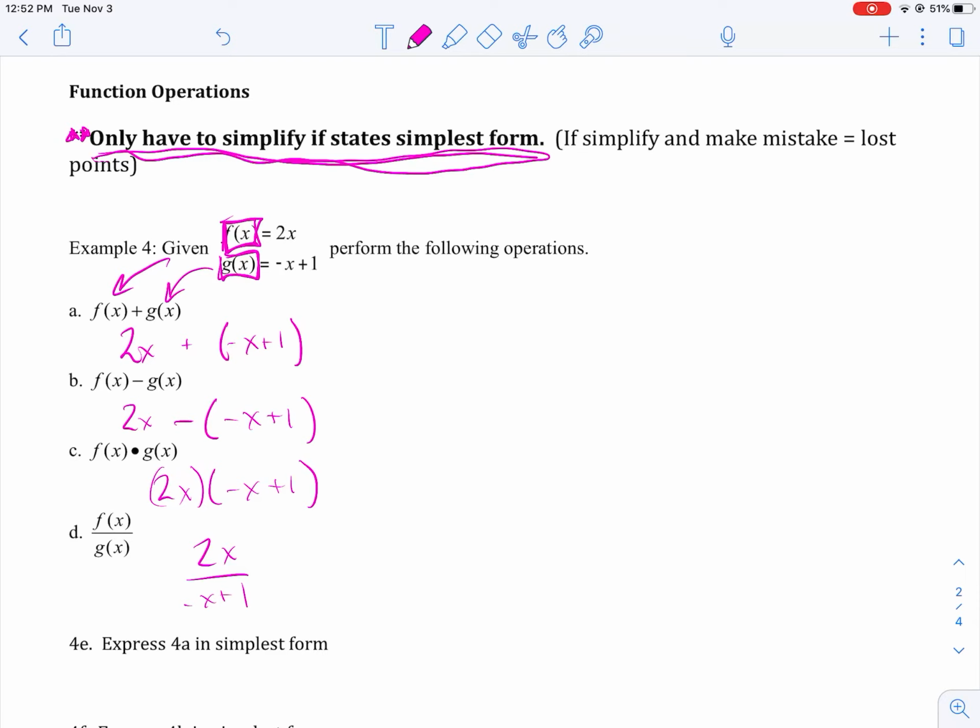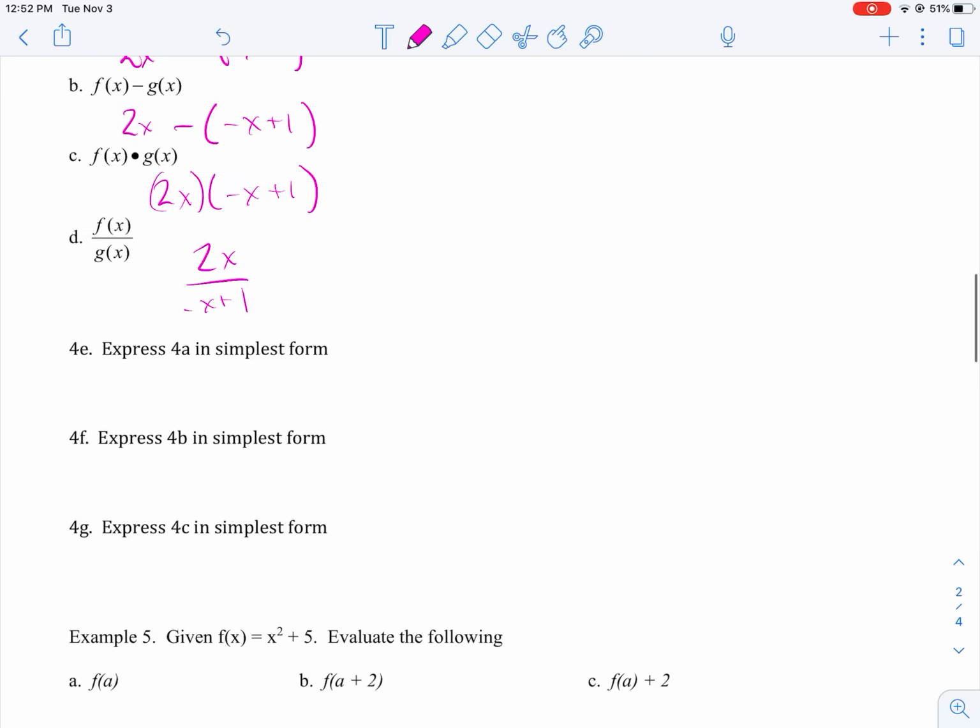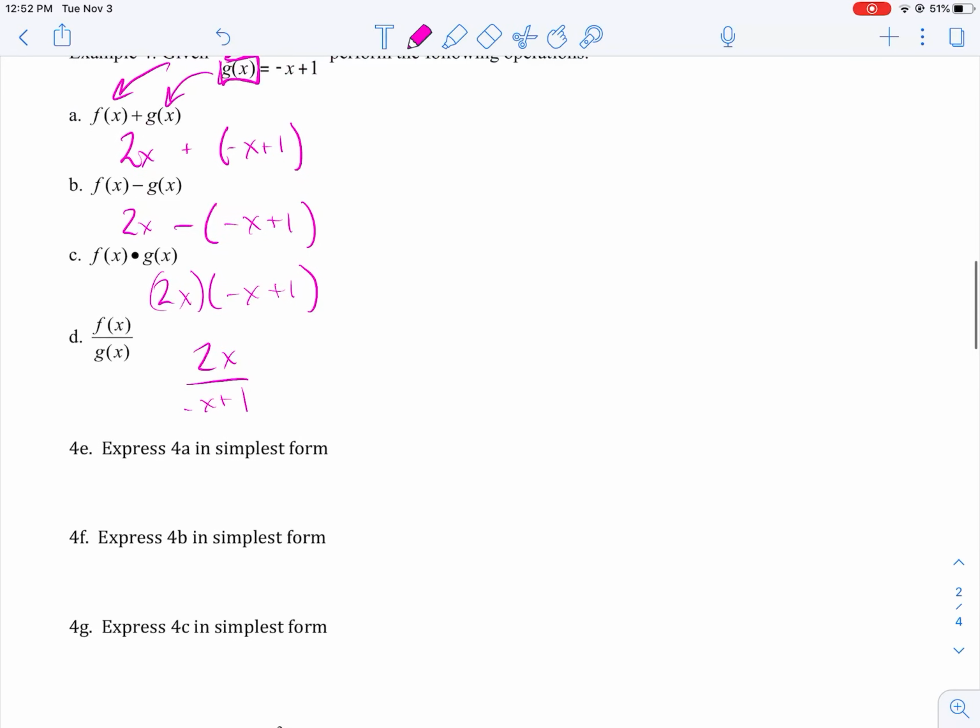Now, as we continue on, not so lucky, right? Express 4a in simplest form. Easy peasy. We get 2x plus negative x plus 1. I don't have to add those parentheses anymore, so I get rid of the parentheses, and 2x minus x is just x plus 1.